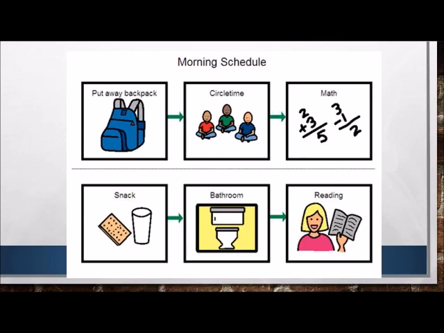And then, of course, if we have kids like with autism who have trouble transitioning, they get used to this. They have a visual, they get used to how the therapy room flows, and you can change it up and they'll be okay because they're used to this format.